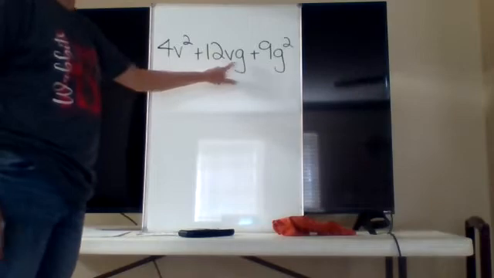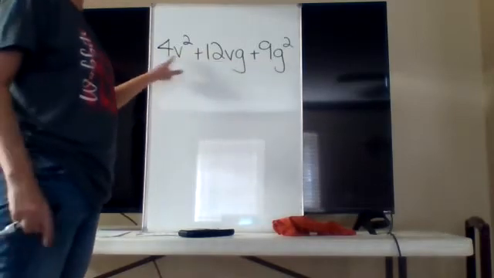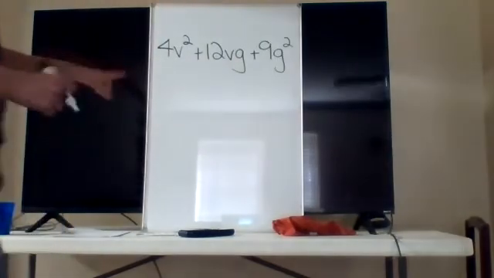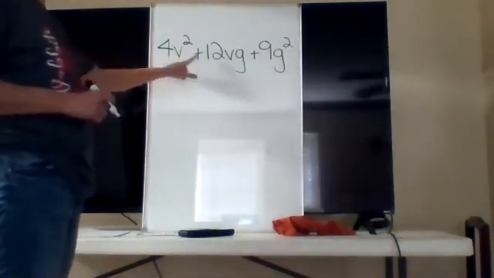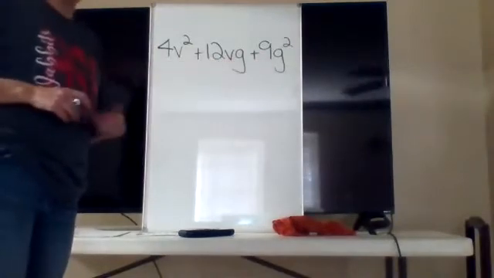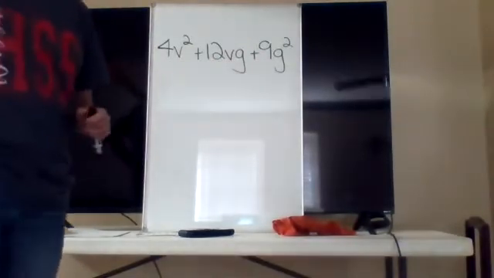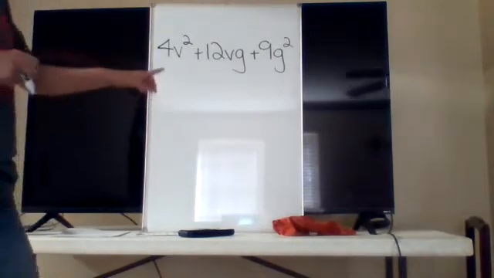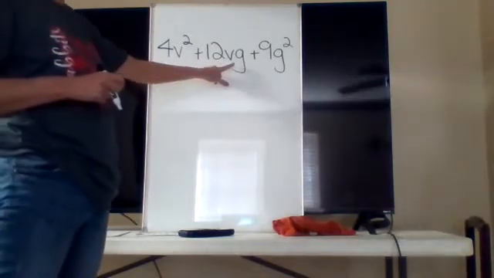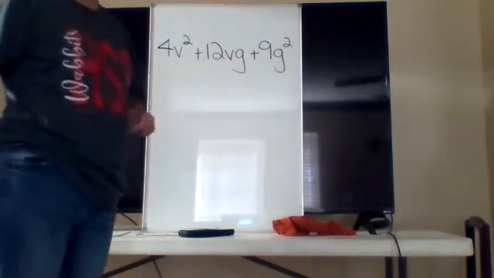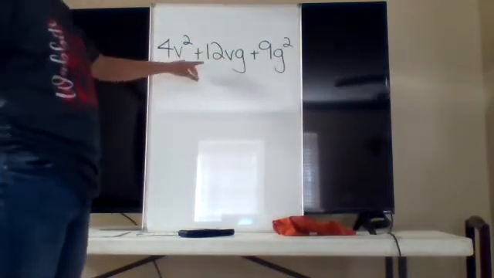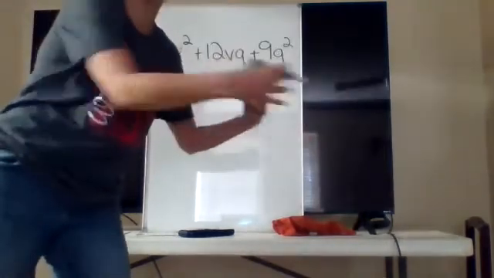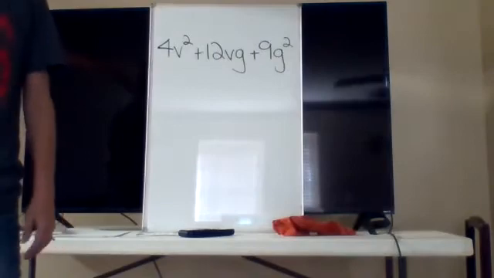They have stuff in common, but when I put that 9 in, they don't all three have something in common, right? Because what goes into 4? 2 and 4 does, which those both go into 12, but neither one of them go into 9, which means I can't pull any number out. This one has V, this one has V, but this one doesn't. Now also, look, these both have G's, but this one doesn't. So there's nothing that all three terms have.